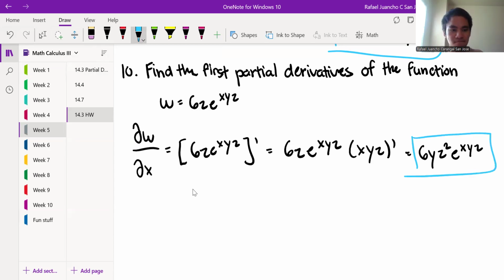Right? So 6yz squared e to the xyz, I put a squared on my z, and I'm done.